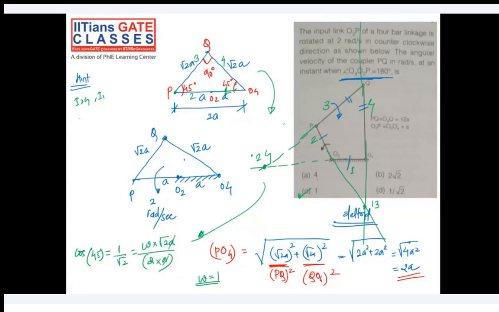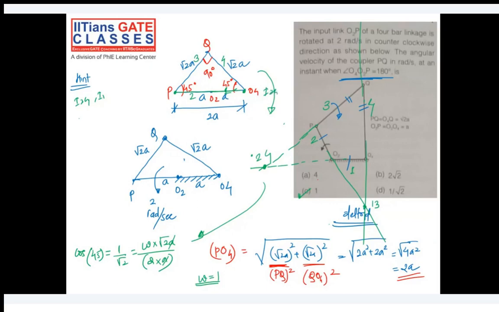So I think again this whole link will act as a single link at this particular instant, and this will be I2, 4.